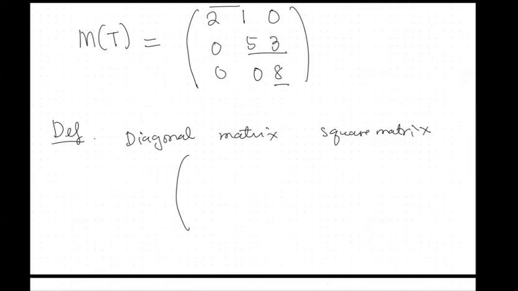So you just have a, b, c, d, and so on along the diagonal, and all the other entries are 0.